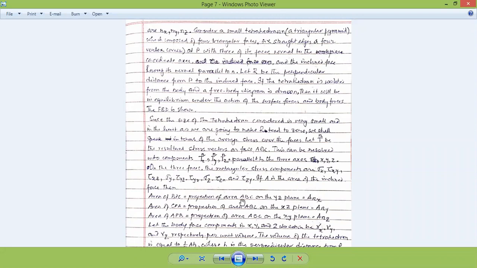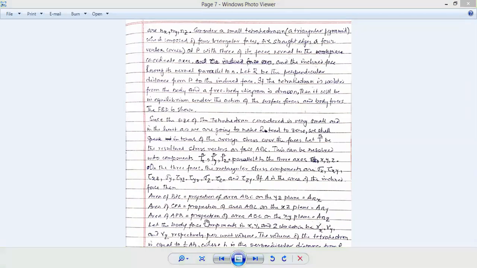So the projected area BPC is equal to A times nx. The projection of ABC on the XZ plane is A times ny, where ny is the direction cosine along the y direction, and the projection on the XY plane is A times nz, where nz is the direction cosine of the normal n along the z direction.